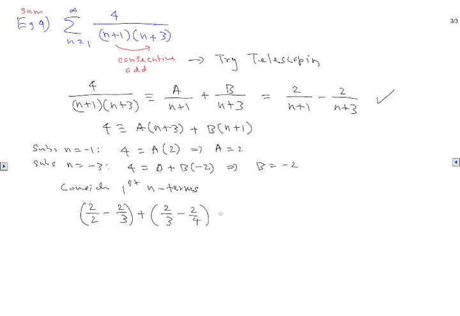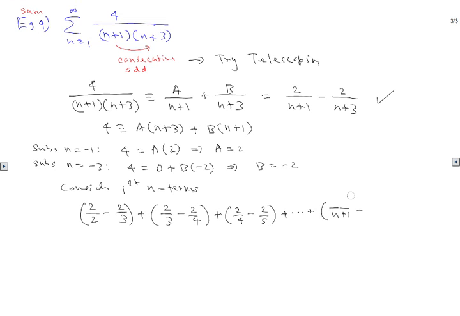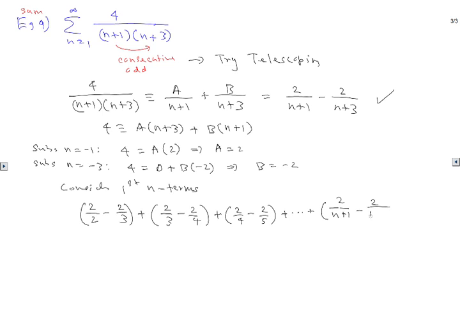And the third term is 2 over 4 minus 2 over 5, like that. So your nth term looks like 2 over n plus 1 minus 2 over n plus 3.